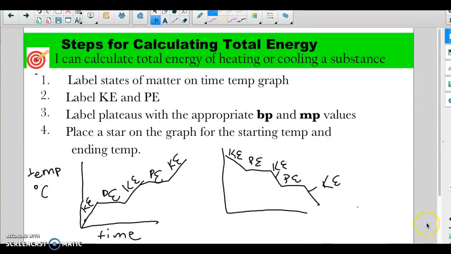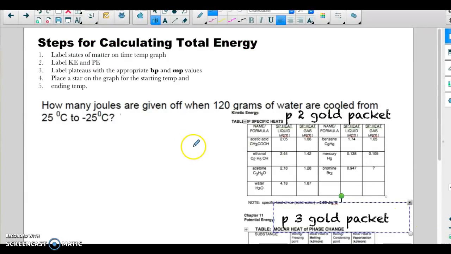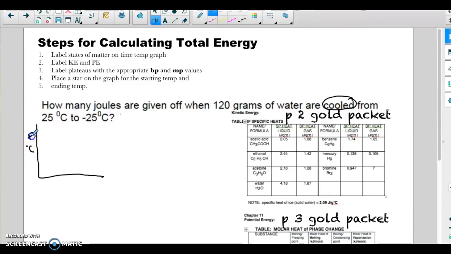So let me show you what I mean. So here's the problem, we are cooling water. So because we're cooling, when I draw this, I would slope it downward. I'm going to get a little messy because I'm not the best at writing, but I'm going to just draw that general kind of sloped down shape.